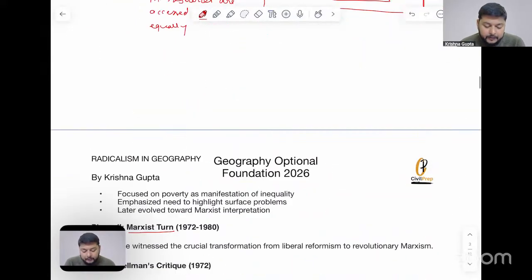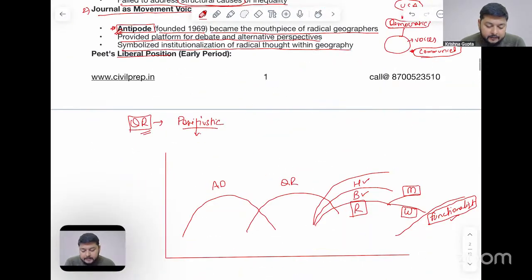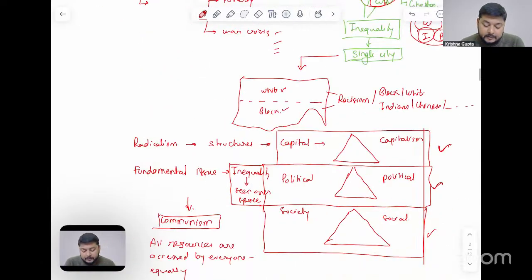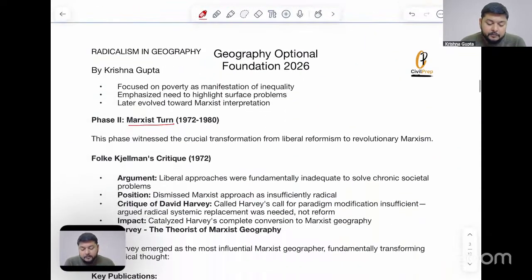Now, moving forward, next we have Peet's opposition to liberal positivism. Peet is another important geographer associated with radical geography. Peet focused on poverty as a manifestation of inequality. Why is there inequality? Why is poverty prevalent only over certain spaces?